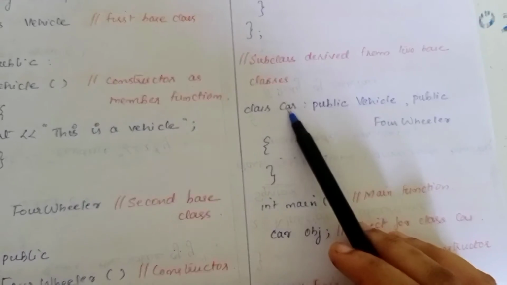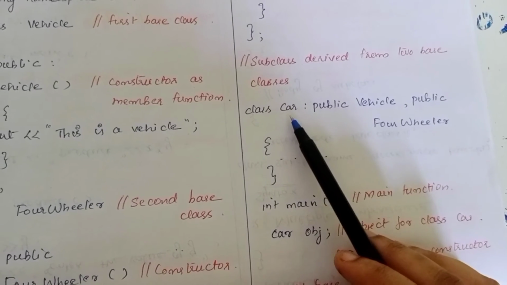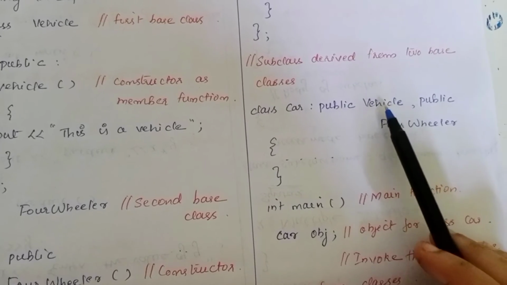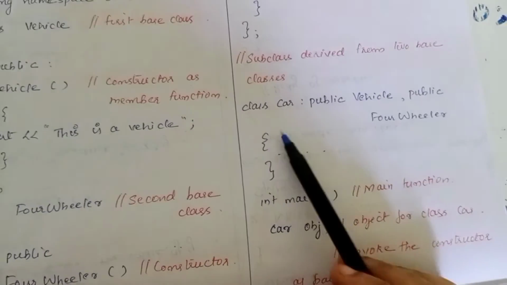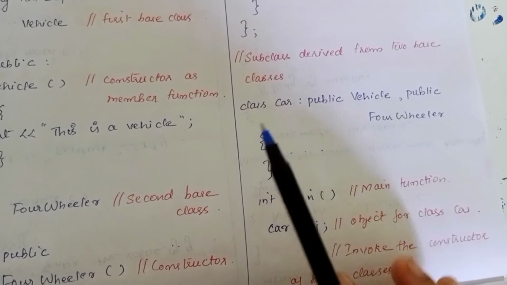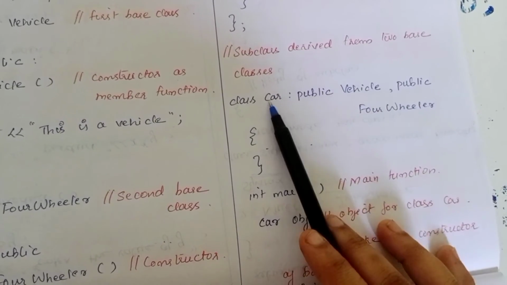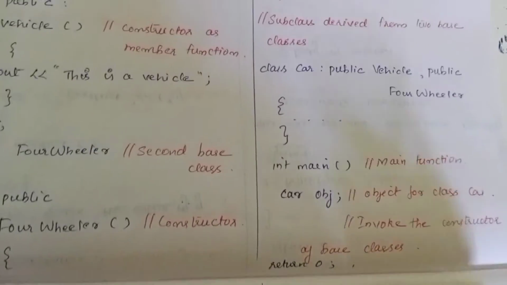So this subclass named car can get the properties of these 2 base classes, vehicle and 4-wheeler. Inside it I wrote nothing, I just kept it empty and created the class. That's it.